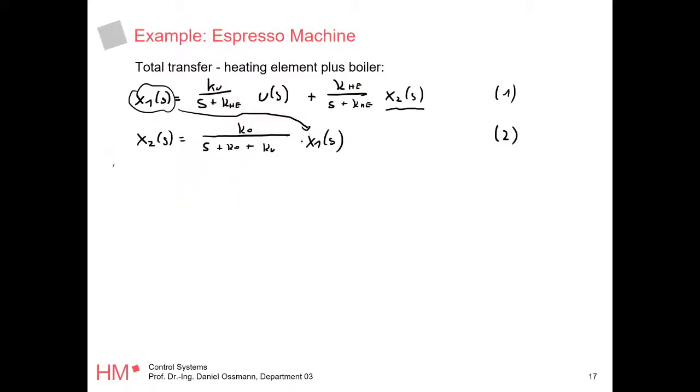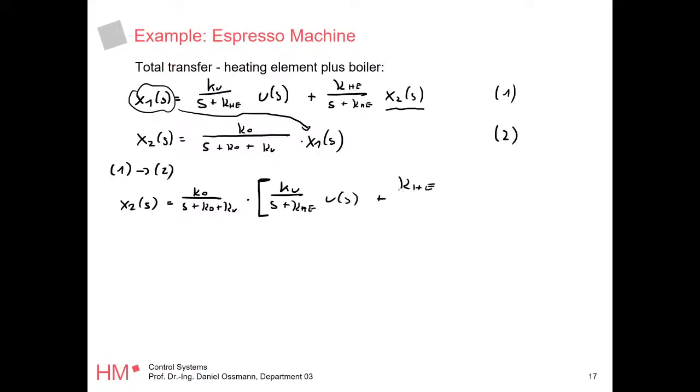Let's do this a little bit because I need the space. Okay, this is basically just pure algebra, right? X2 of S is equal to kappa O over S plus kappa O plus kappa U, and then we plug in X1 here: Ku over S plus kappa heating element times U of S, plus kappa heating element over S plus kappa heating element times X2 of S. Okay, so what we want to have is X2 equal to some transfer function times U of S, right?